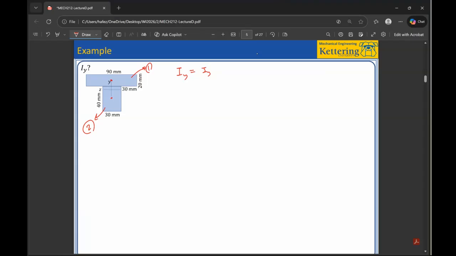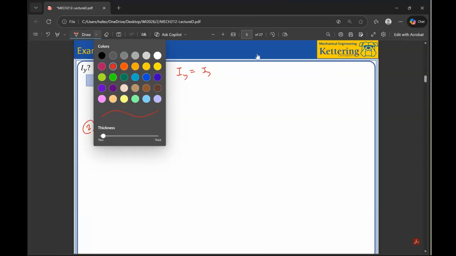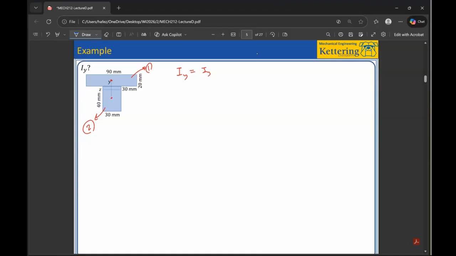So if I put y-axis here, if I call it y1, and if I call this y2, I see that y1, y2, and y are all coincident.